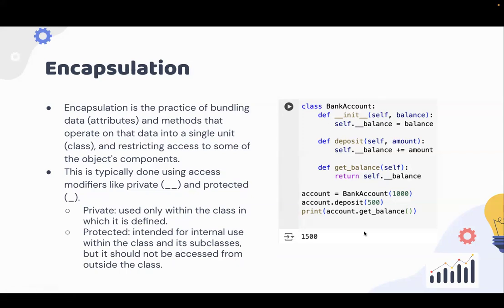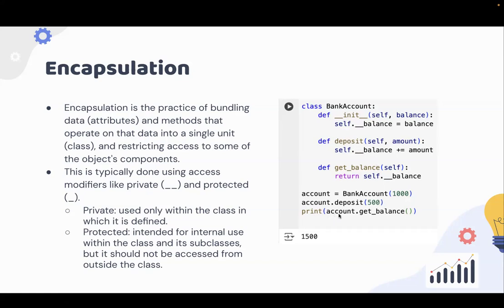And this is the example to define a class named bank account. We have the constructor over here, and we're defining some methods. Outside of the class, we can call the method by using the variable name and also the method name, so we can easily call this because it is public by default.